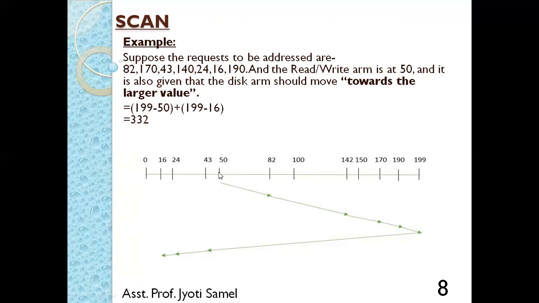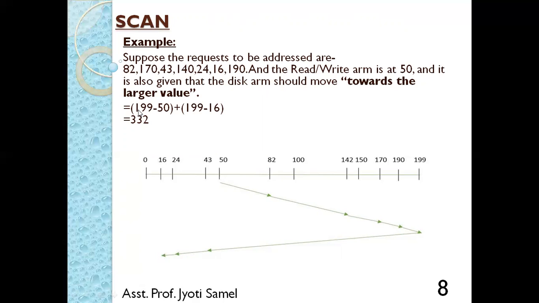So my disk head will move from 50 to 82, then 140, then 170 and so on. Like this it will move towards 199 and again it will come back from 199 to 16, servicing all the requests in between.